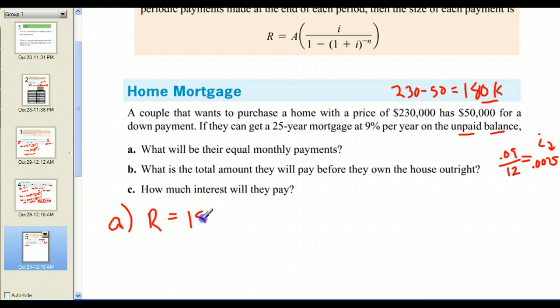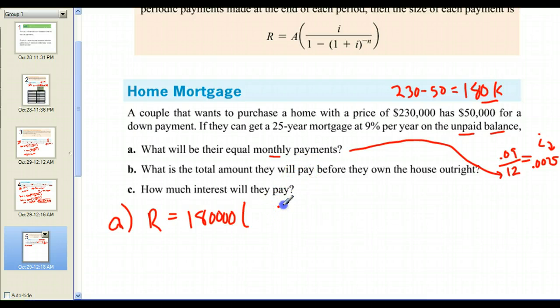So their loan's going to be for 180,000. Alright, and then we need the I I figured that up here, 0.09 per year. 12 months in a year, so it's a monthly payment. Monthly, so that's where the 12's coming from. So that's why I is 0.0075.